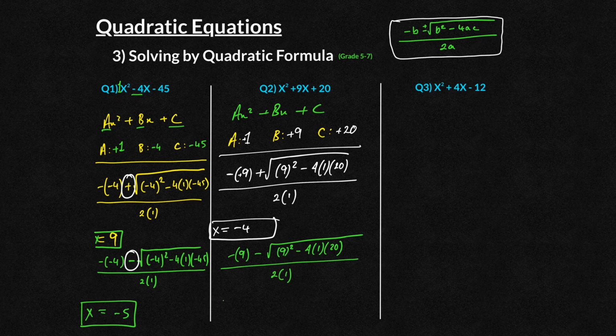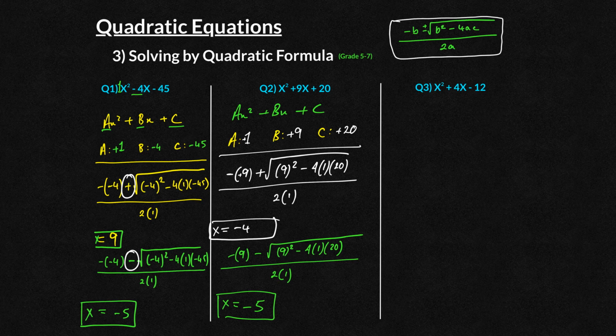And then you'll get an answer of -5. And again, if you compare that with what we got previously, you get exactly the same answer. Okay, again, like I said, it's just a different technique.